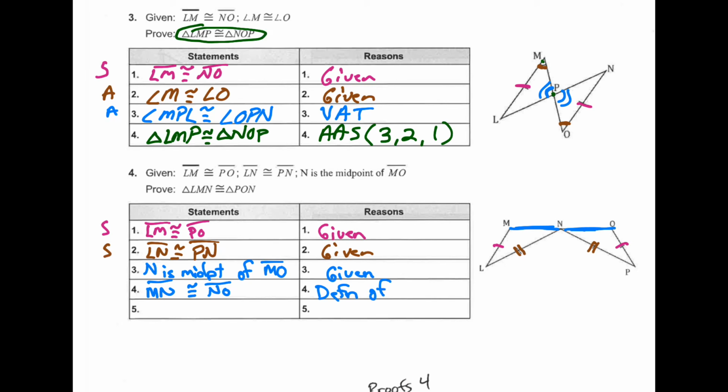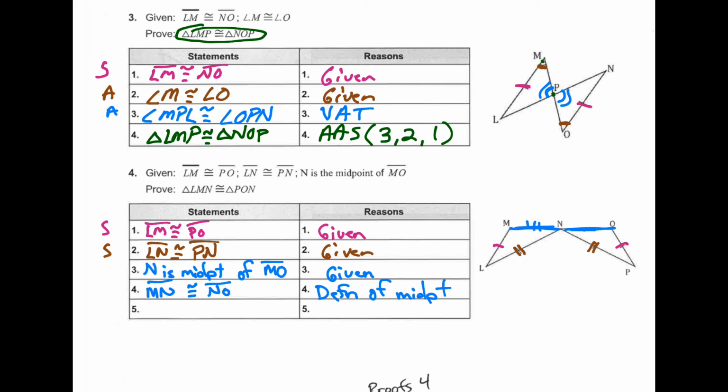be definition of midpoint. Once again, anytime you see a definition or vocabulary word in your proof, there's a really good chance we're going to use the definition of that word as a reasoning in our proof. And the definition of midpoint is definitely one of those things that are on the front of your packet too, that say that that can be a possible reason for a proof.